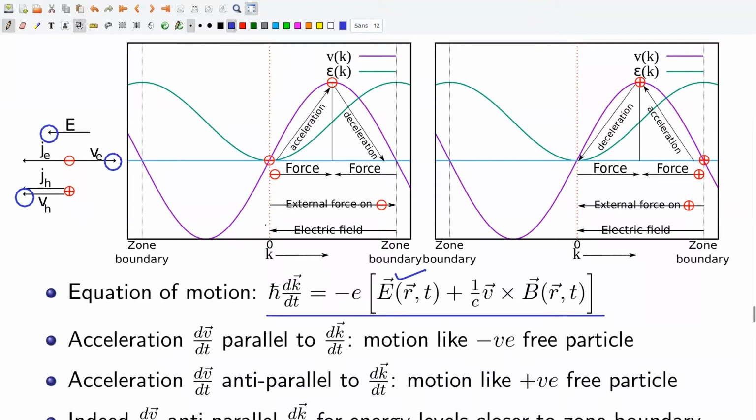Since the external electric field is in the negative direction, k is going to increase in the positive direction with time. There are two possible scenarios. First one is velocity increasing as k increases. In this case, acceleration dv/dt is parallel to dk/dt.